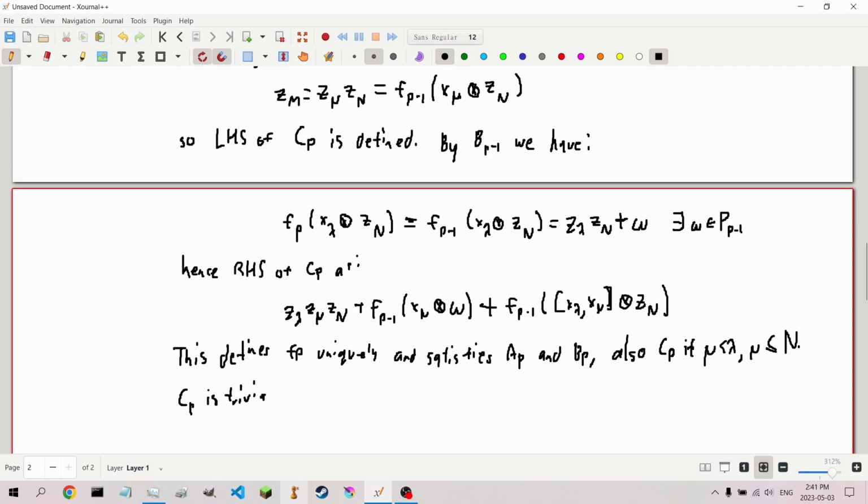This condition is trivial when mu is equal to lambda and so is satisfied when we have lambda is less than n or mu is less than n.